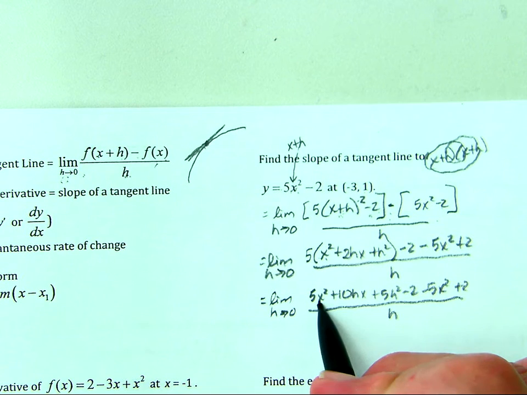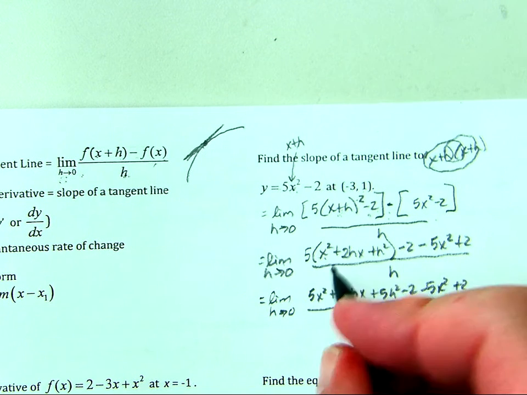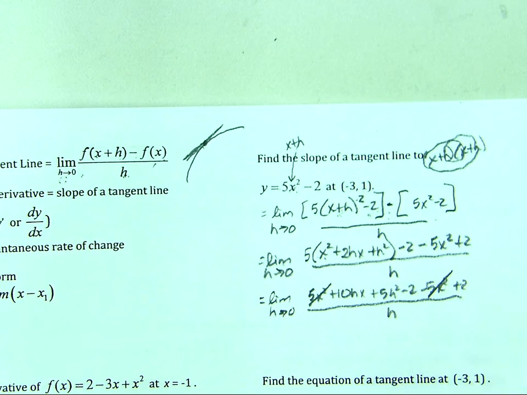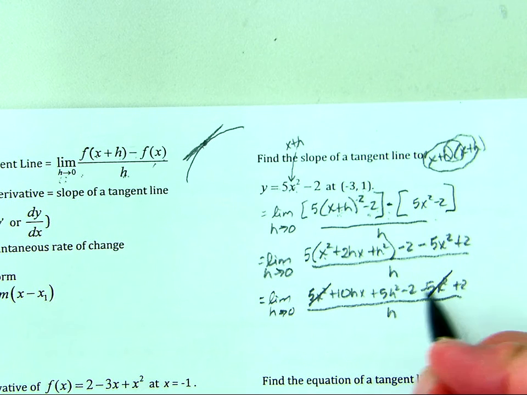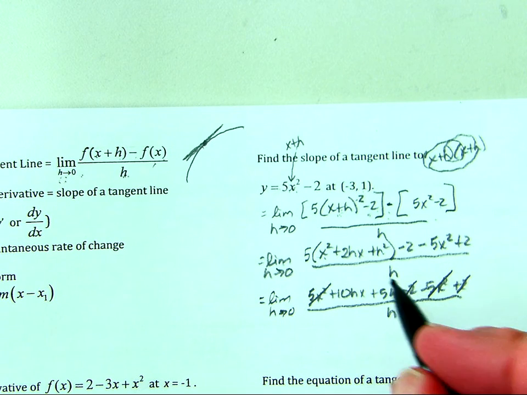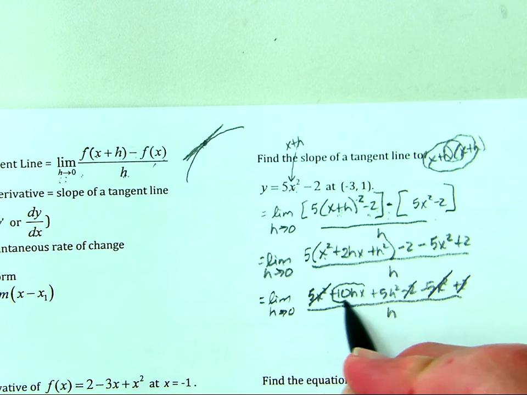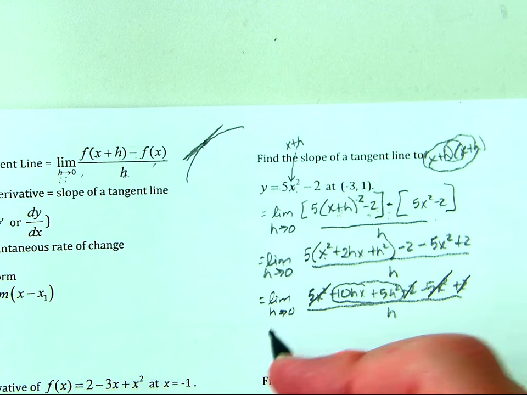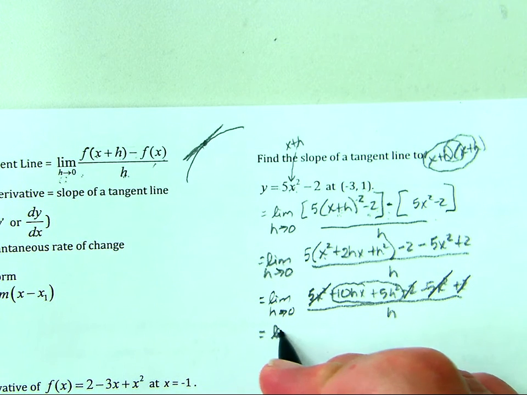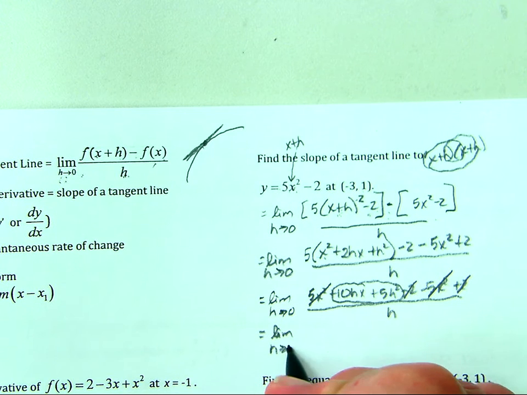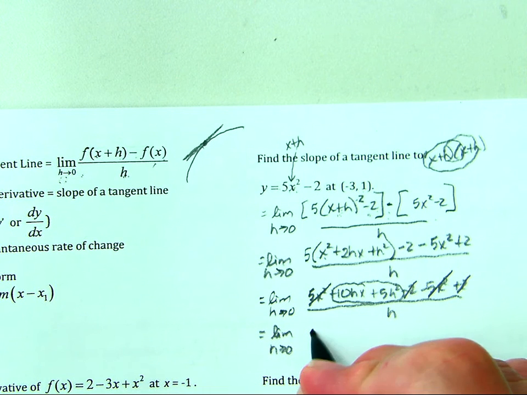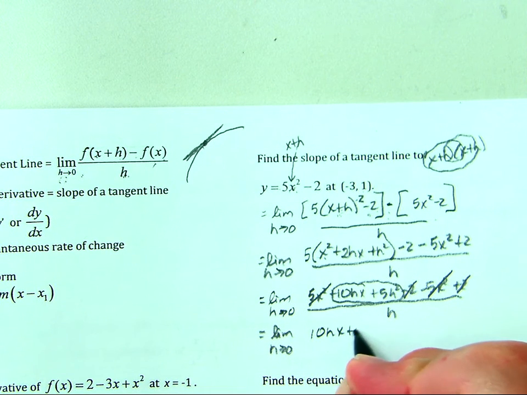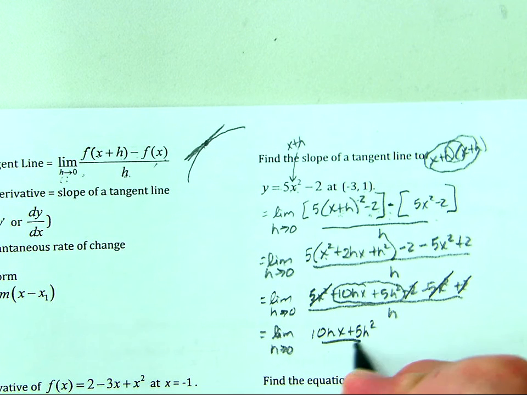Notice on top we have a 5x squared and a negative 5x squared. Those cancel each other out. We have a positive 2 and a negative 2. Those cancel each other out. So all we have left is this part right here. Let's write that out so we can see it. So it's 10hx plus 5h squared all over h.